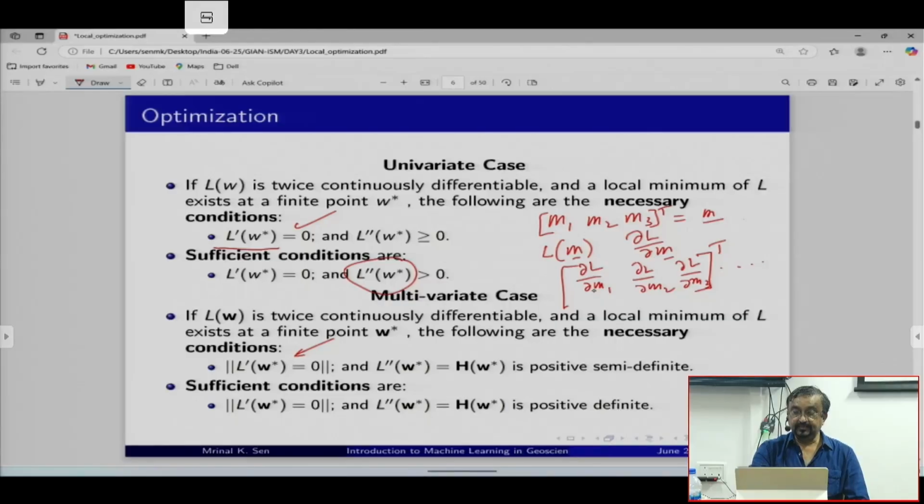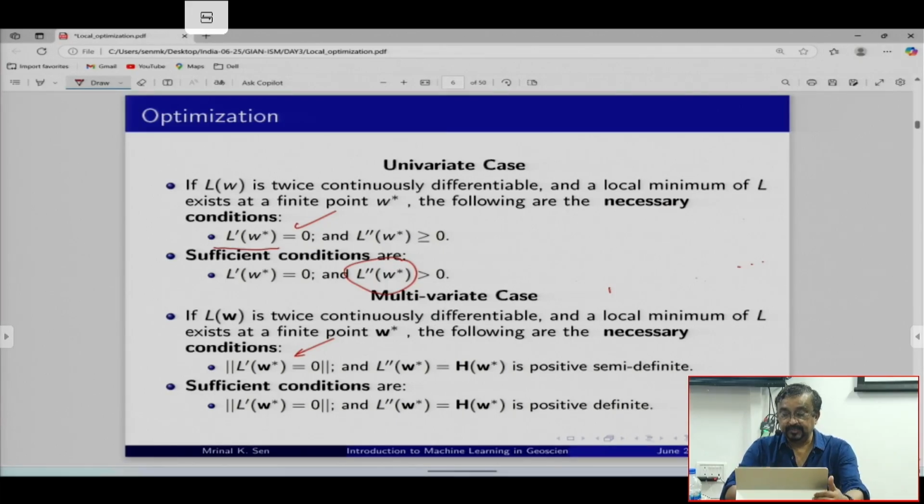For the second derivative, we look at what we call a Hessian. When you take the second derivative of a function of 3 variables, what do you have? You have del 2L del m1 squared, del 2L del m1 del m2, del 2L del m1 del m3, right?